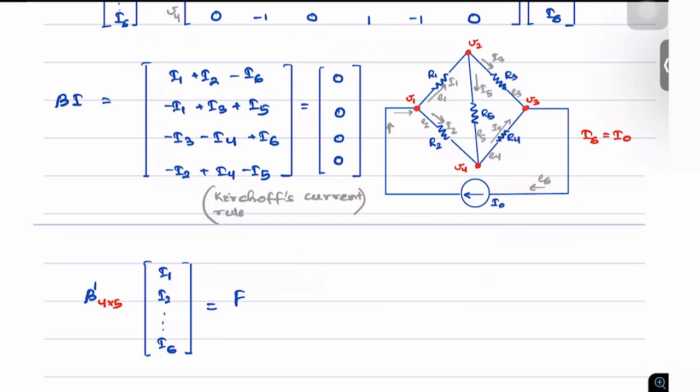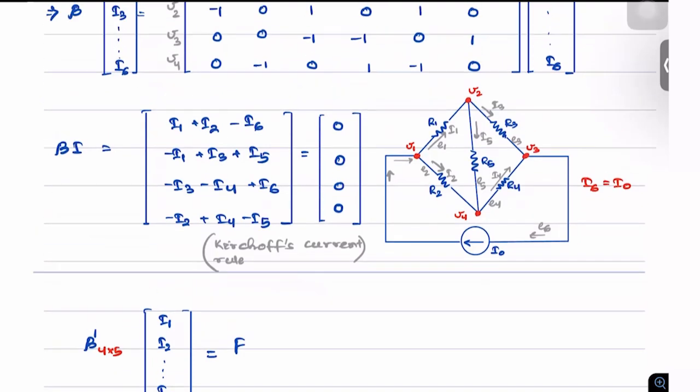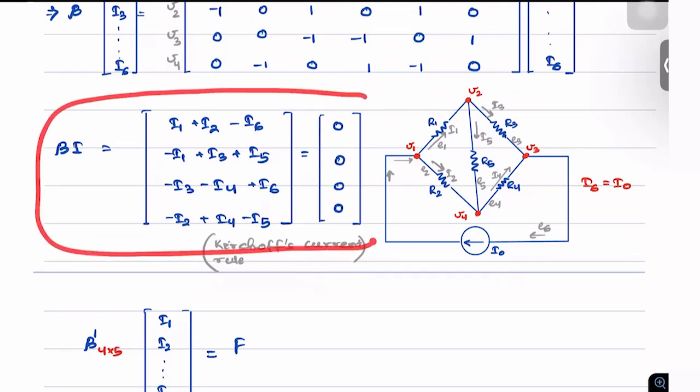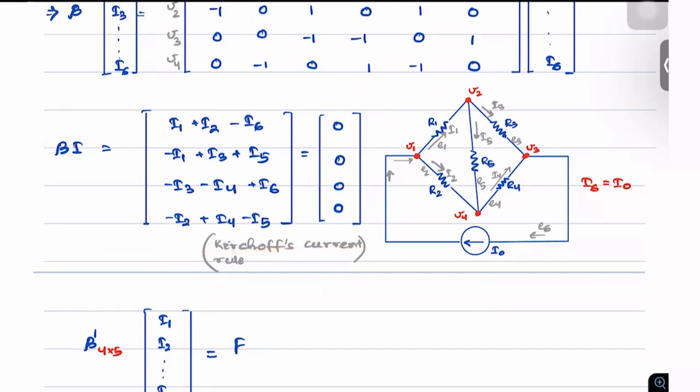One interesting thing to observe here is, if we look at this entire expression one more time, what do we have? The input to the system is the vector of all the currents in the system, and the output is the current at each node, meaning the output pertains to the vertices, current at each vertex.